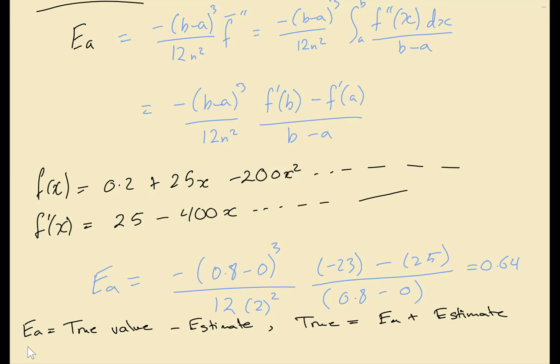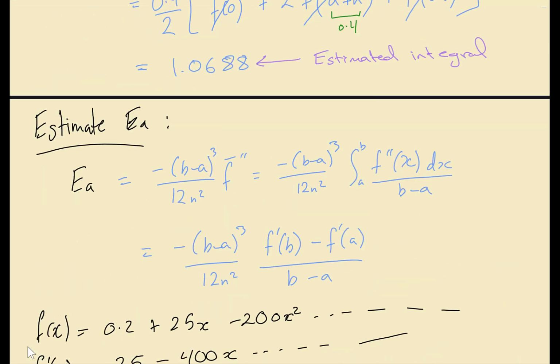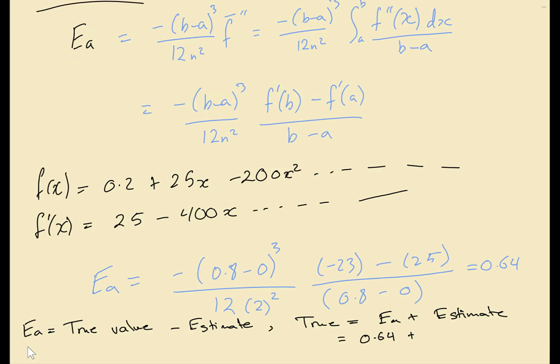My true value is equal to 0.64 plus the estimate we got up here, which is 1.0688, which gives us 1.7088.